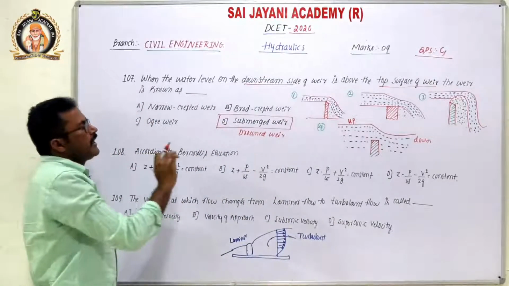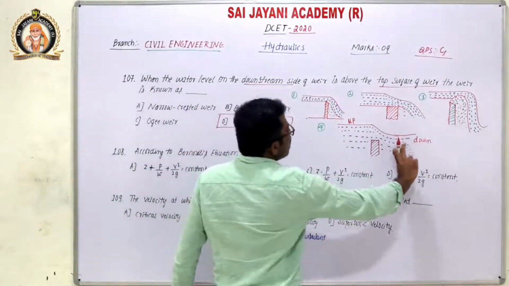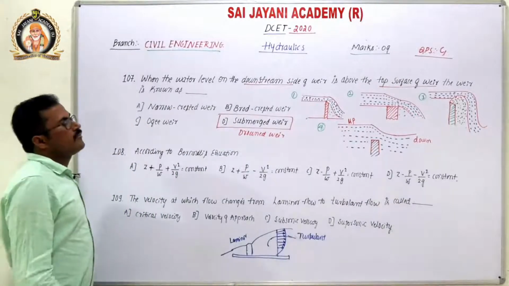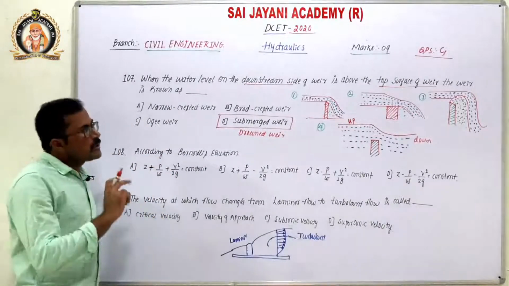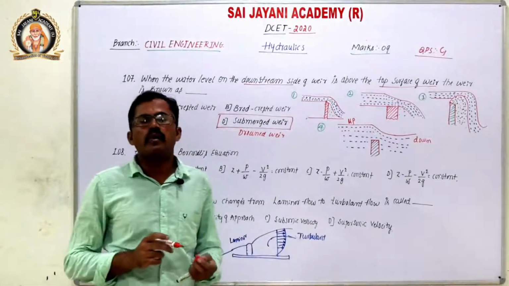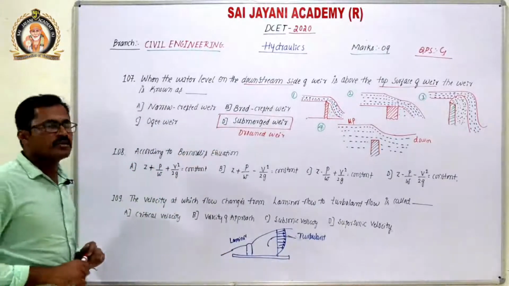But only in case of submerged or drowned weir, the downstream water is always above the top surface of the weir. So the right answer is option D, submerged weir.